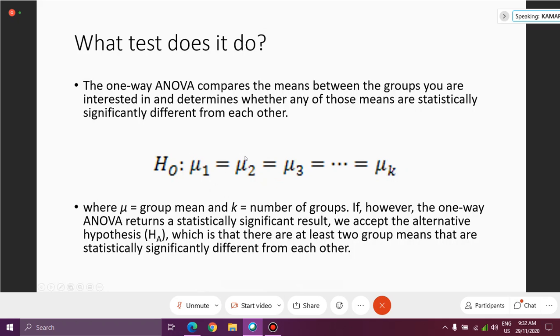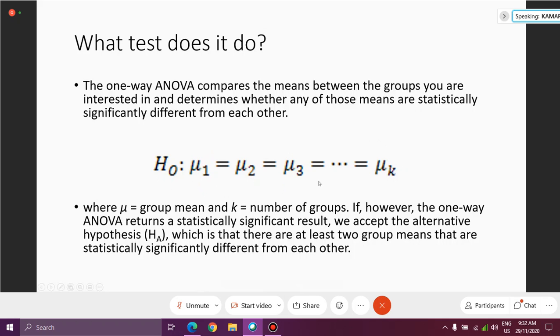The mean body mass index for Chinese is similar to Indians. The mean body mass index for Indians is similar to Malay. So the null hypothesis says there is no difference in the body mass index between groups in this research, for example.